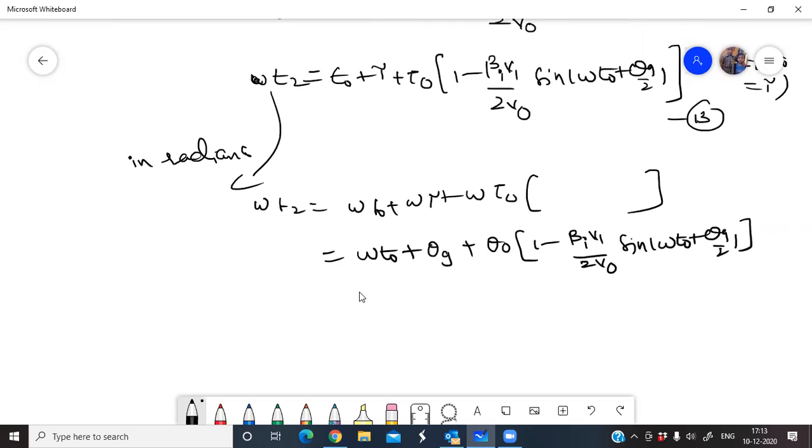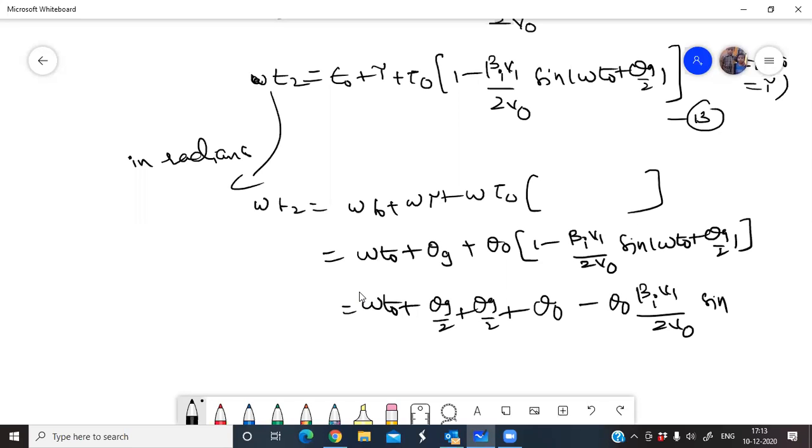In the next step, I want to write omega T naught plus theta z, writing theta z by 2 plus theta z by 2, because here we have sine omega T naught plus theta z by 2, and theta naught minus theta naught into beta I V1 by 2 V naught sine omega T naught plus theta z by 2.